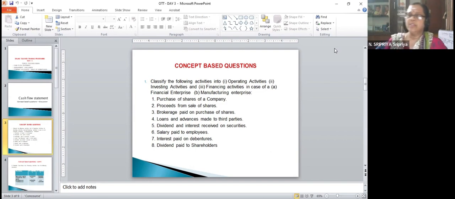State one transaction which can never be an operating activity for any type of business enterprise.